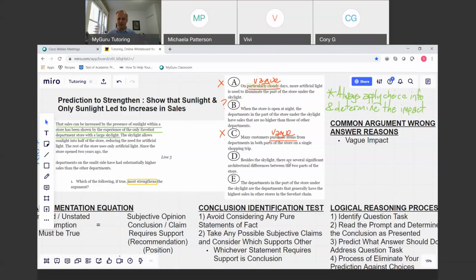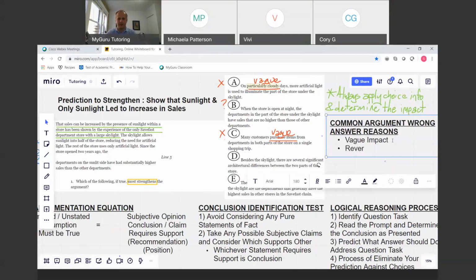So does this choice say that only the sunlight is the reason for the change in sales? No. So this actually weakens the argument.